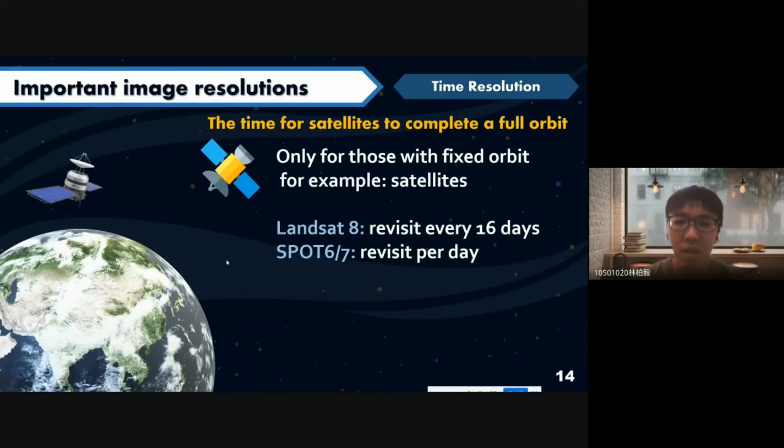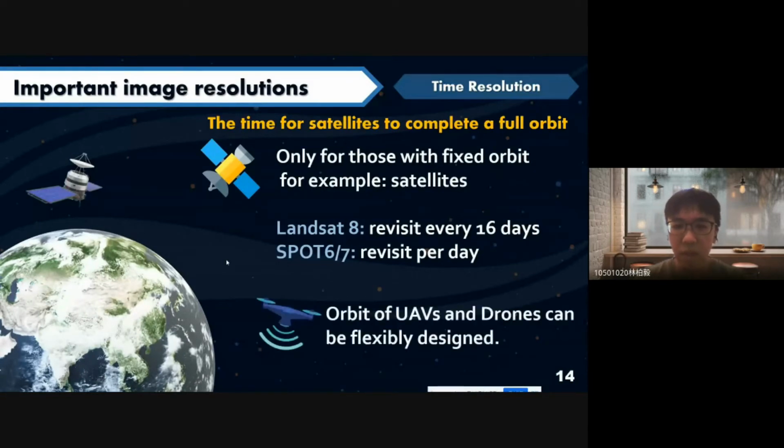And for Spot 6 and 7, they work together to get a revisit per day. And for UAV and drones and aircraft, they can flexibly design, so they don't have the time resolution.